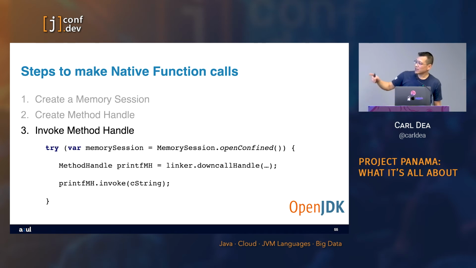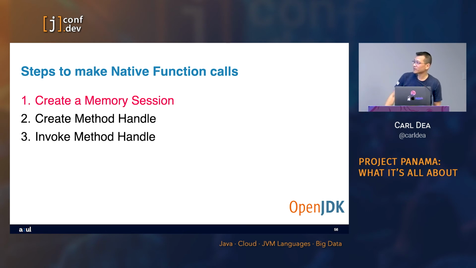And then you create this method. There's a method called down call handle. And then once you get the method handle, you're actually invoking, of course you have to create a string, a C string, that pointer to a character array. And it's really easy. There's functions in the foreign function API that allow you to create C strings to be passed into the method handle.